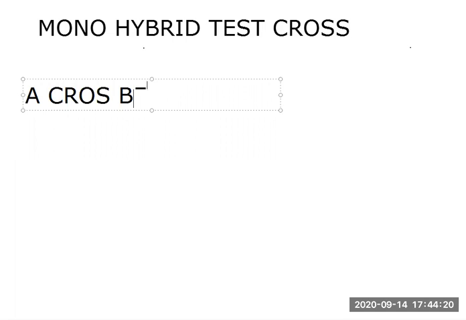So monohybrid test cross means a cross between the F1 plant, which we obtained in the monohybrid cross, whatever the F1 plant, with one of the parents.